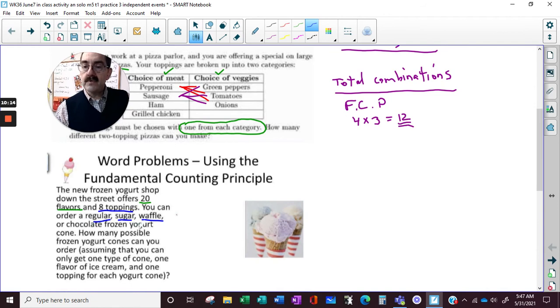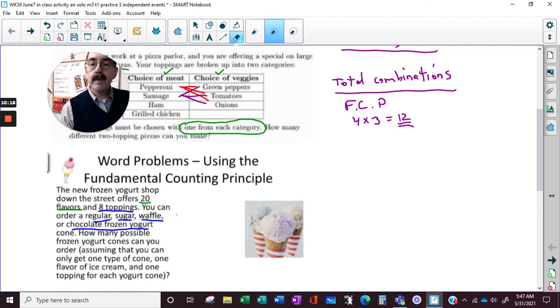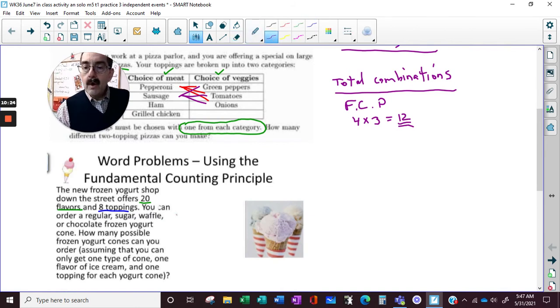You can order a regular, sugar, waffle, or yogurt cone. How many possible frozen yogurt cones, assuming that you can only get one cone, one ice cream, and one topping?